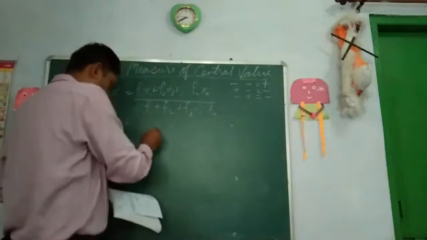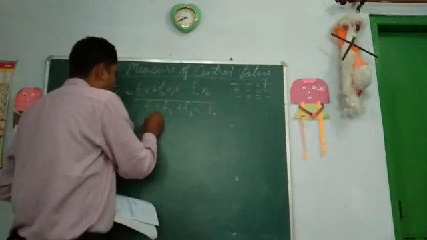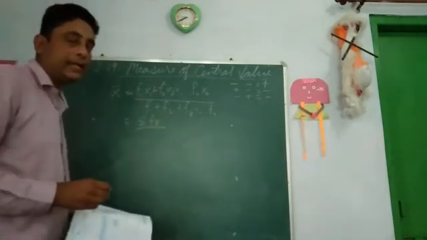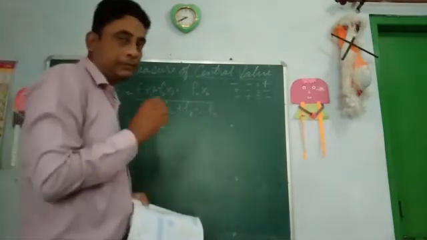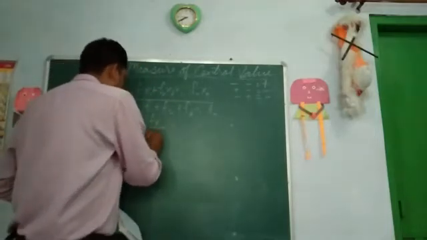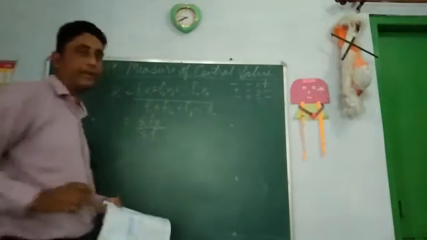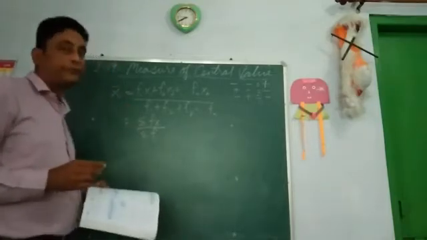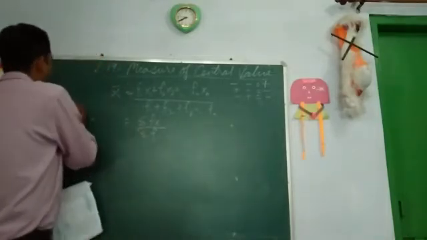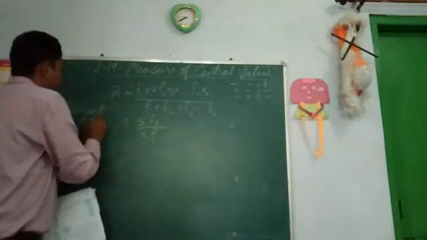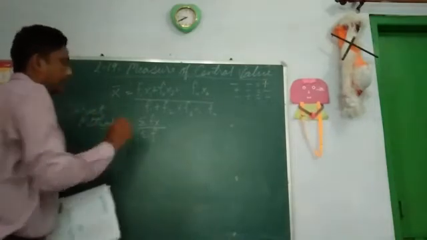When you solve it, it becomes the sum of fx, meaning frequency multiplied by the values of x, divided by the sum of f, the frequencies. So this is the formula of the direct method.